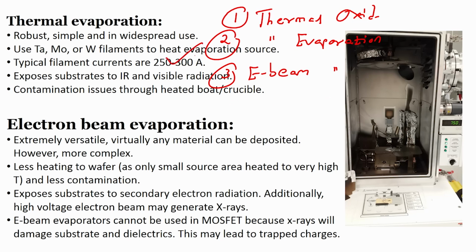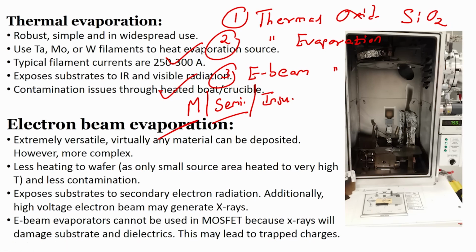Using thermal evaporation and e-beam evaporation, we can deposit metal, we can deposit semiconductor, we can deposit insulator. There are some drawbacks of each technique, that is technique 2 and technique 3 that we have seen. With thermal oxidation, we can grow silicon dioxide, or SiO2, right. This much we have seen, all right.